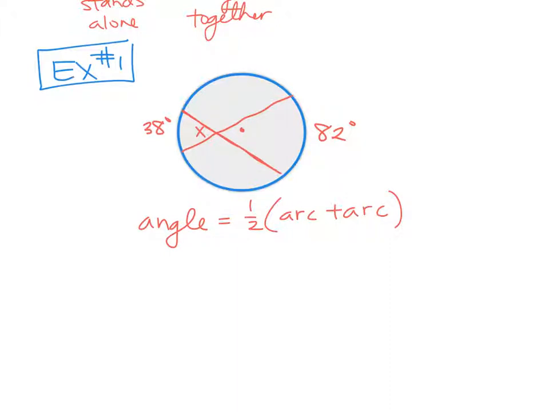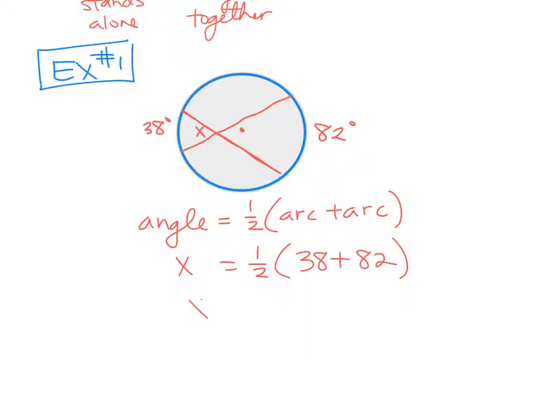So my angle right now is what? X. So we're going to put x as our standalone equals 1/2 of what? 38 plus 82. Right, 38 plus 82.